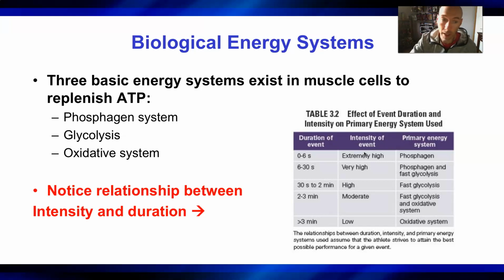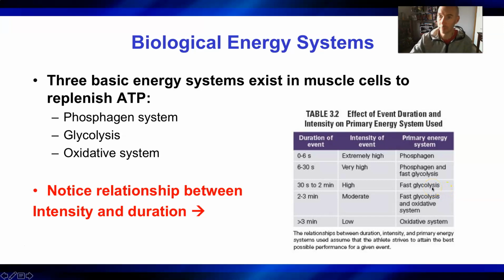The primary supplier of ATP for that activity is going to be the phosphagen system, okay? As we then transition into a slightly longer activity, 6 to 30 seconds, we're going to be using both the phosphagen system and glycolysis, okay? As the duration then continues to increase into the 30-second to 2-minute range, now we're relying mostly or primarily on fast glycolysis, right?